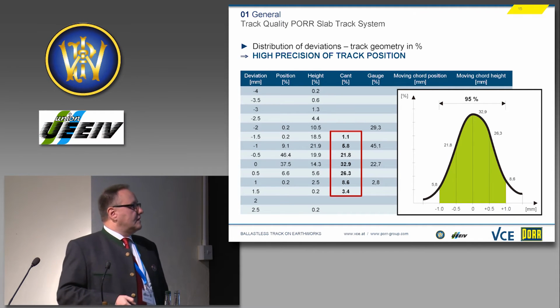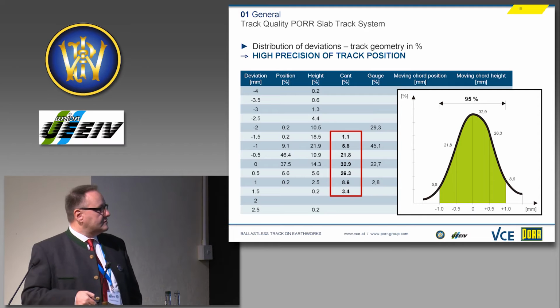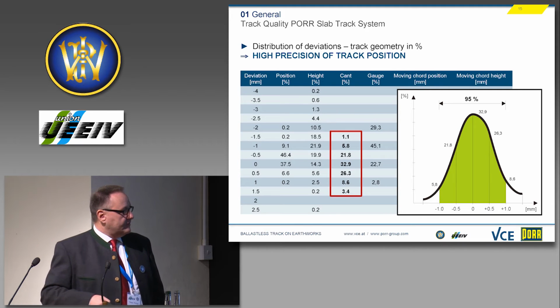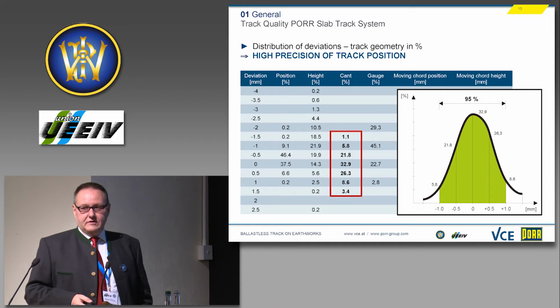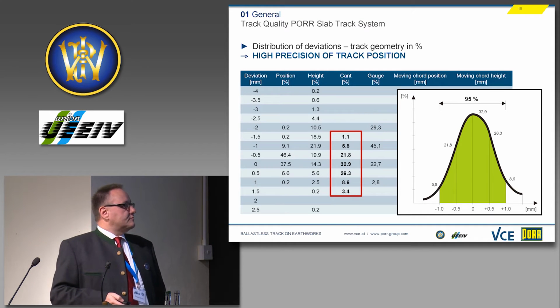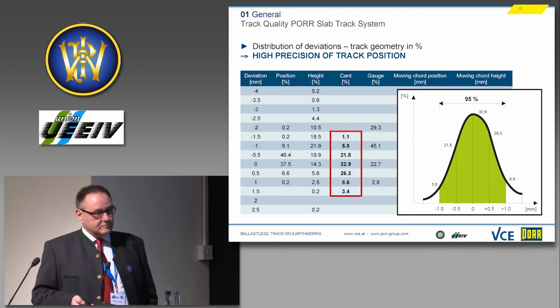And if you look, for example, at the cant, you can see here that 95% of all measured values are within a bandwidth of -1 and plus 1 millimeter from the nominal value, which shows that it's possible to get a very high initial track quality with ballastless track systems.